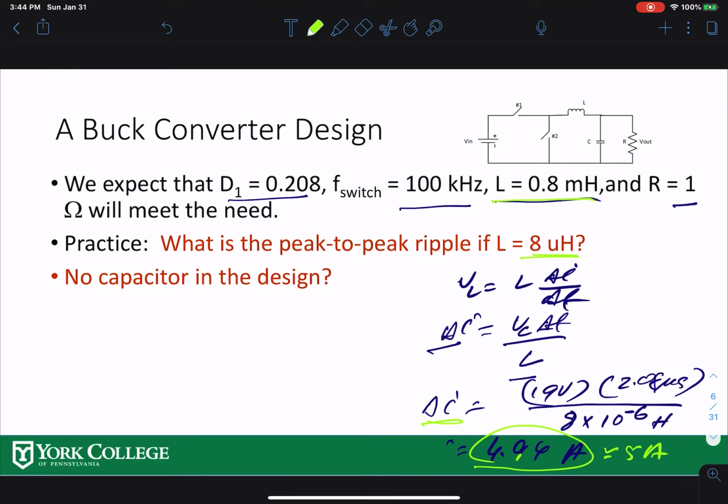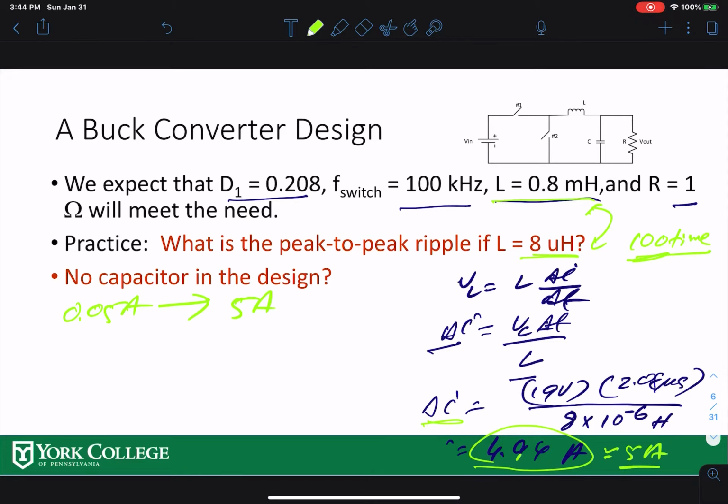Remember, 0.8 millihenry and 8 microhenry is a 100 times difference, so your current ripple should be 100 times bigger too. Your current ripple was 0.05 amps, and now it went to 5 amps, because your inductor is 100 times smaller.